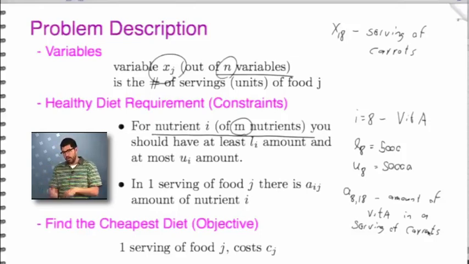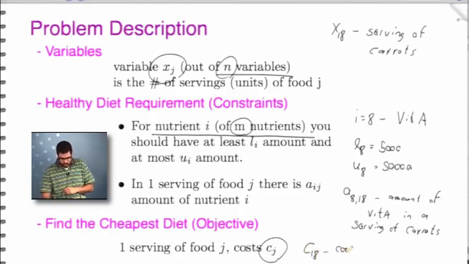All right, so again, I showed you that column of costs, but we need to know how much one serving of carrots costs. So C18 is the cost per serving of carrots. All right?